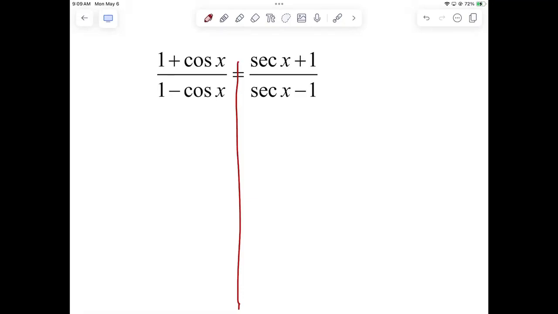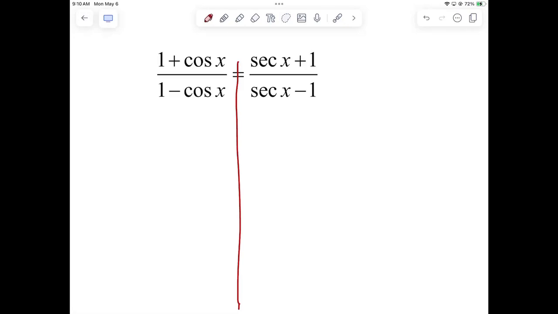But here's what I'm going to keenly notice. I'm going to notice that they're already very similar to each other, aren't they? They all have 1s in them, which is cool. So I'm going to notice the trig functions that I have. On the left, I have cosine. It's already a cosine. And on the right-hand side, I have secant. Now, the thing that jumps out to me is the fact that secant can be written easily in terms of cosine, yes?